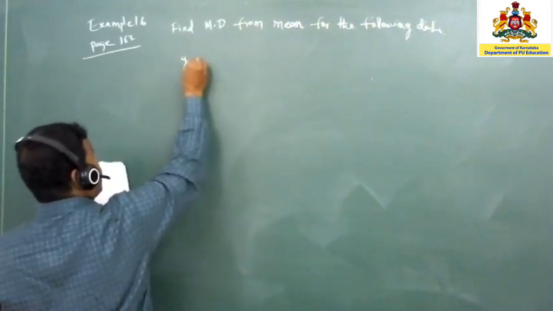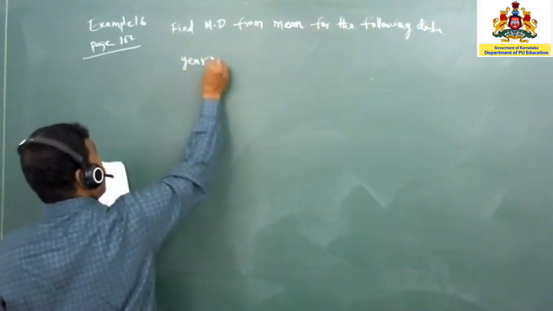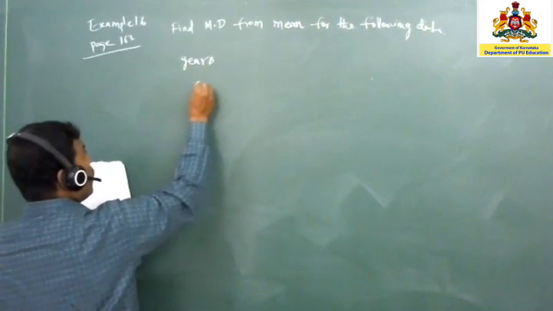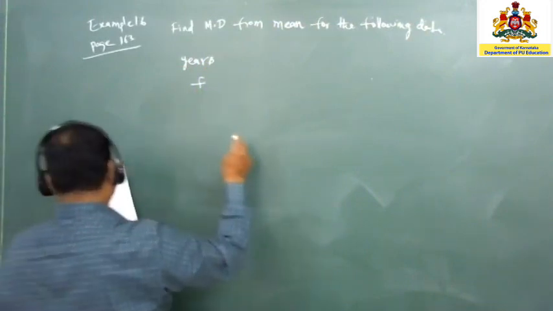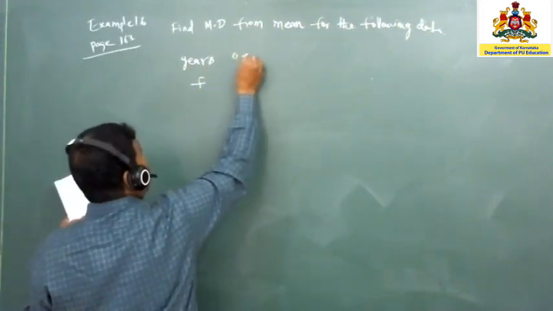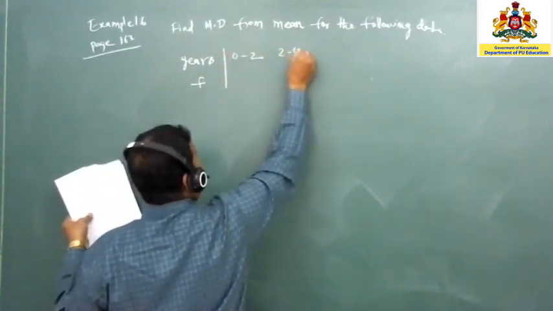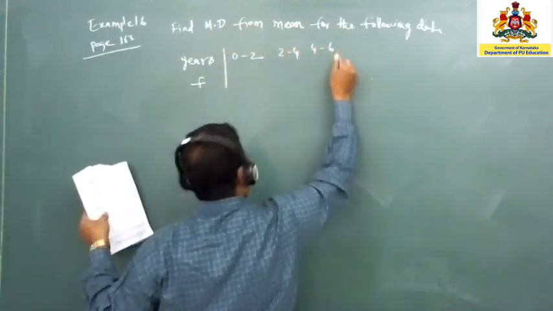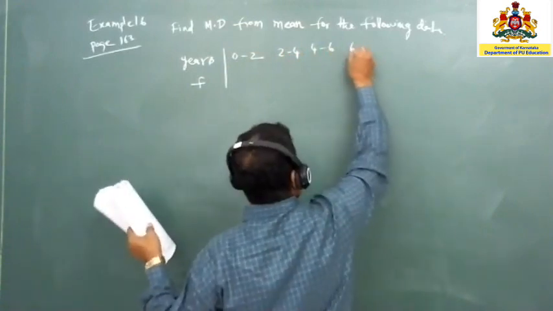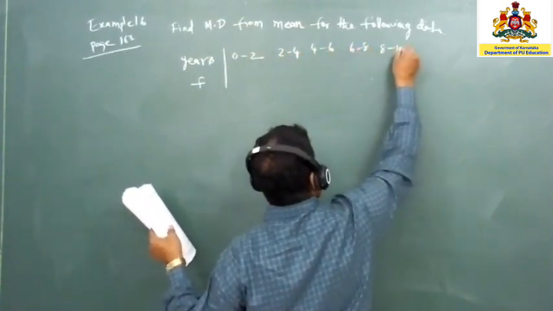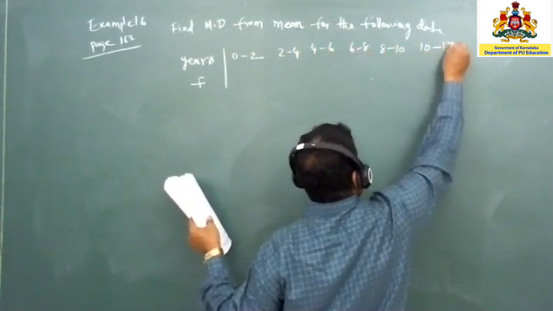I'll write it as difference in years, then frequency. Years: 0 to 2, 2 to 4, 4 to 6, 6 to 8, 8 to 10, 10 to 12.